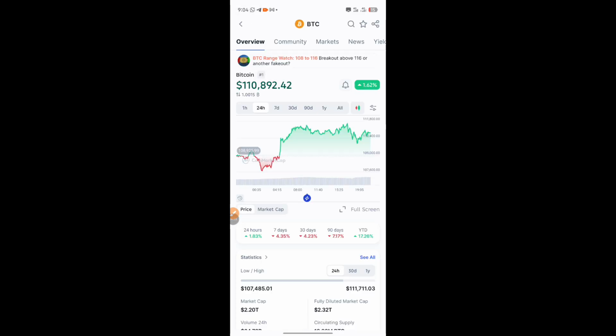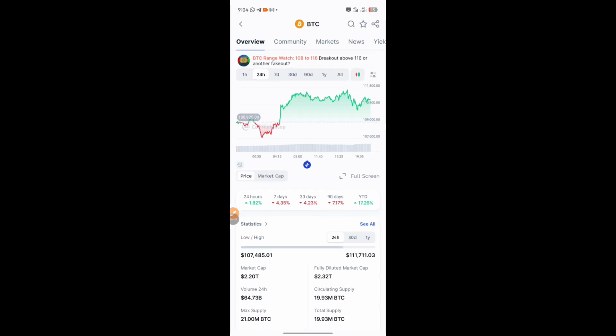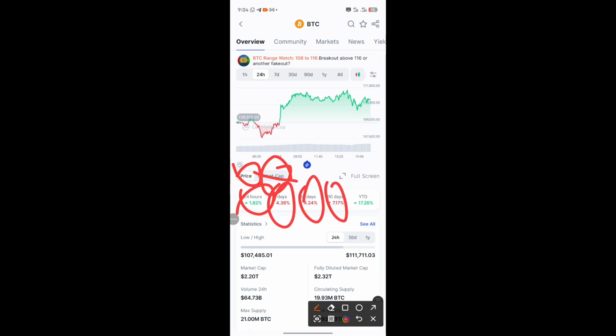Let's assume that we made a choice of BTC over there. We're going to come to this place to look at the market cap and the current price. The 24 hours movement, the 7 days, and the 30 days, and 90 days if possible. You can take a look at all those things.